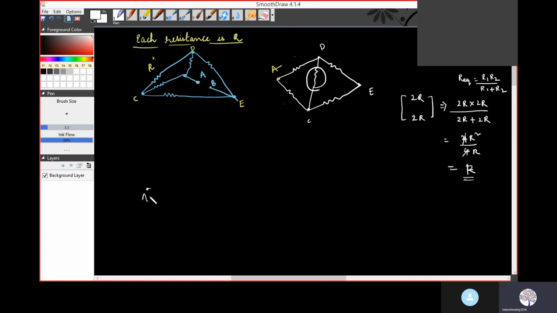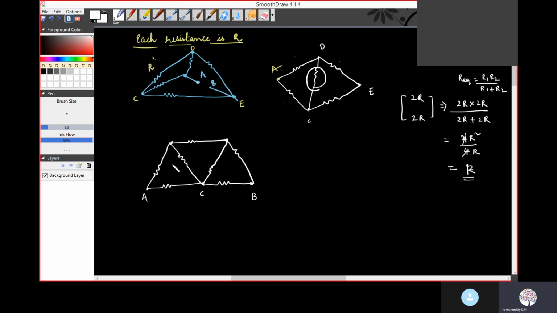Another model is A to C and C to B, and then here you have A to this point, and from here to here, and from here you have one resistor, and here you will have another resistor.